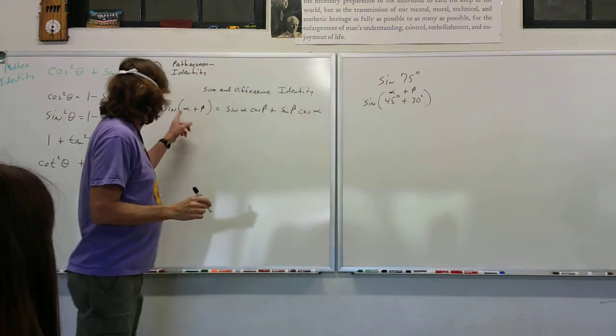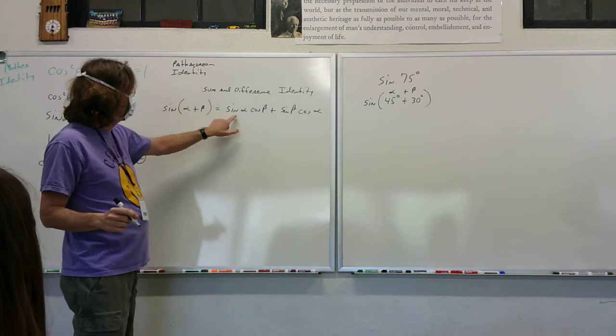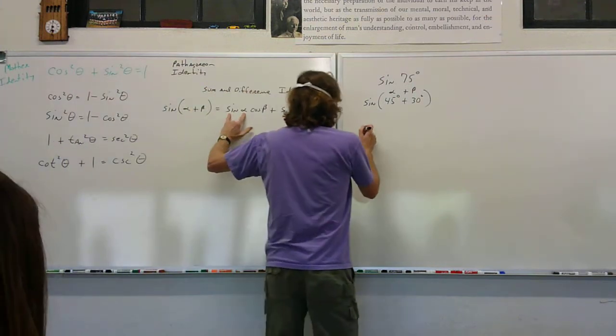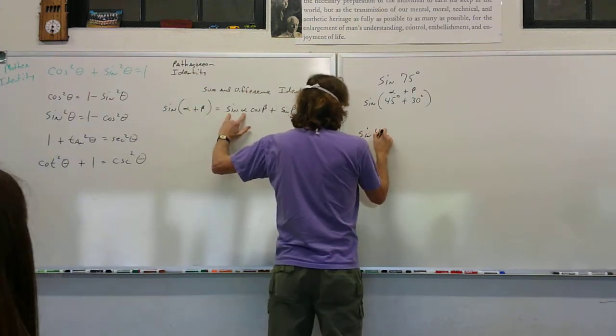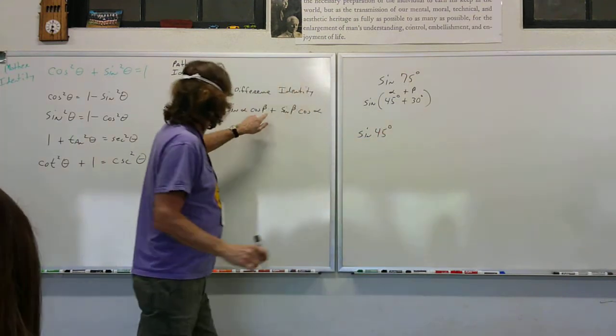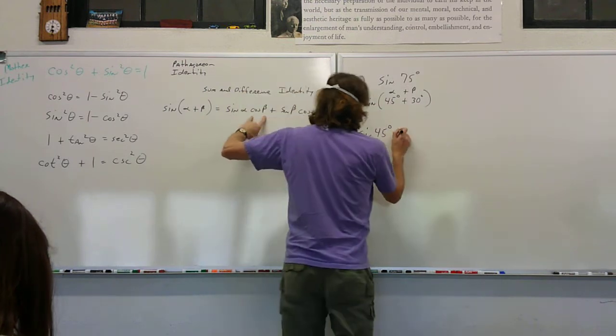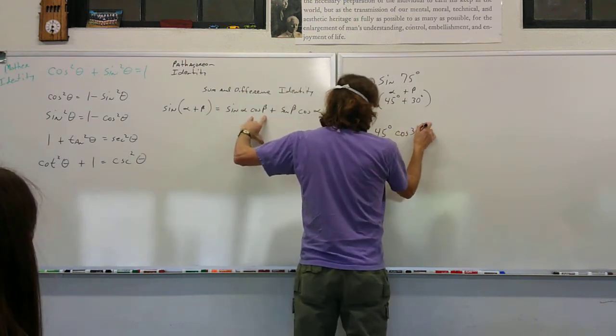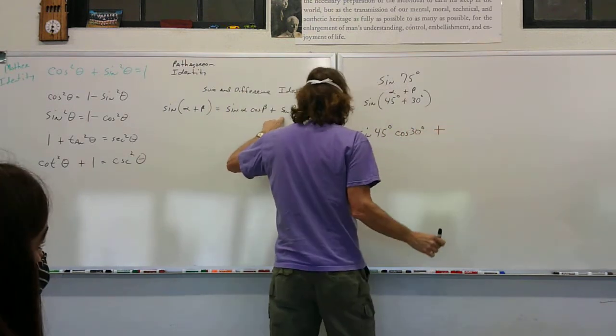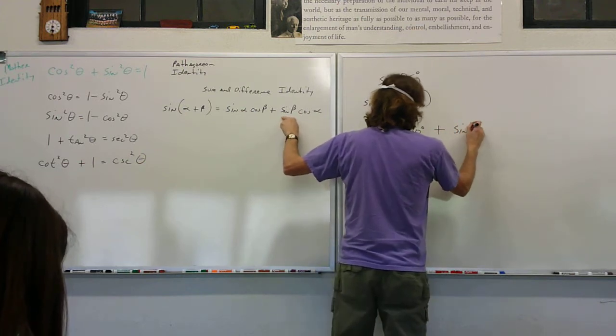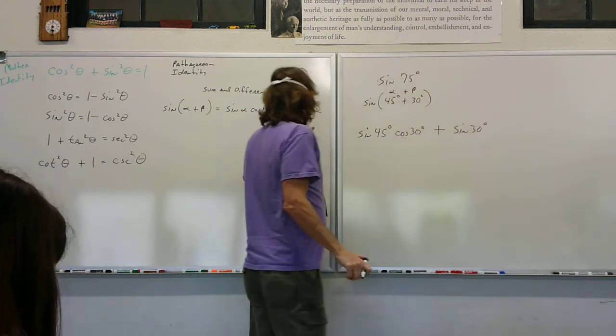So the sine of alpha plus beta equals what? The sine of the alpha cosine of the beta plus sine of the beta cosine of the alpha.